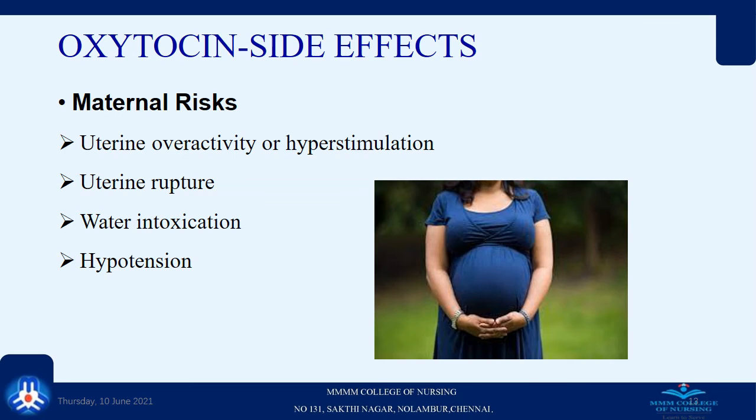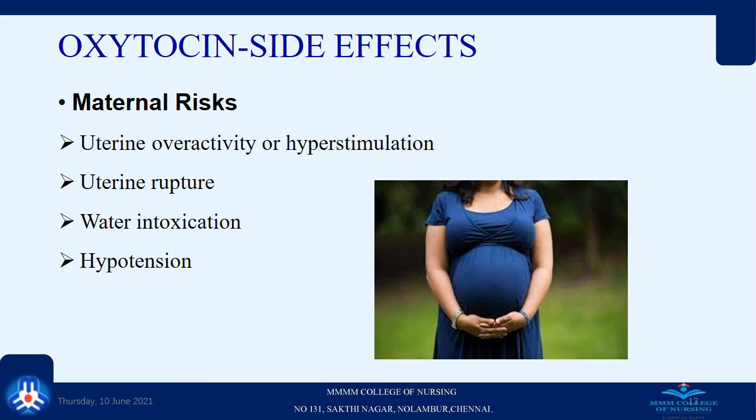The next is uterine rupture. If the uterus is responding too much, in the sense if there is hyperstimulation, it will lead to rupture of the uterus also. Next is water intoxication. If we administer an excessive dose or administer the oxytocin over a prolonged period of time, it leads to water intoxication.